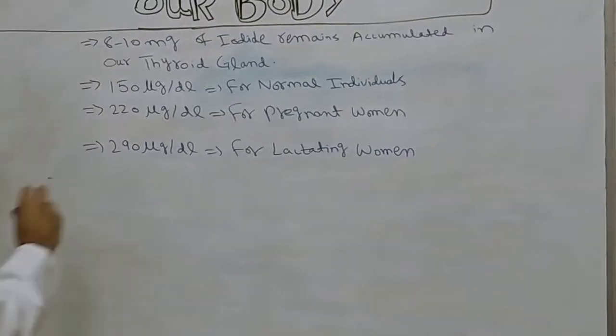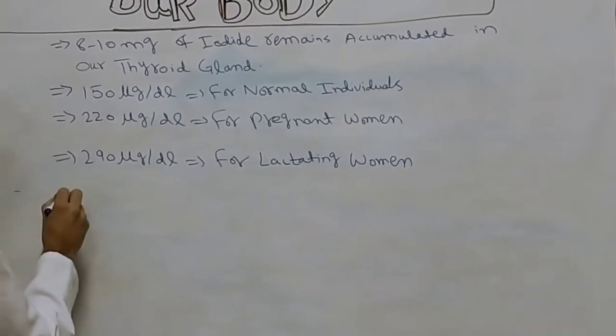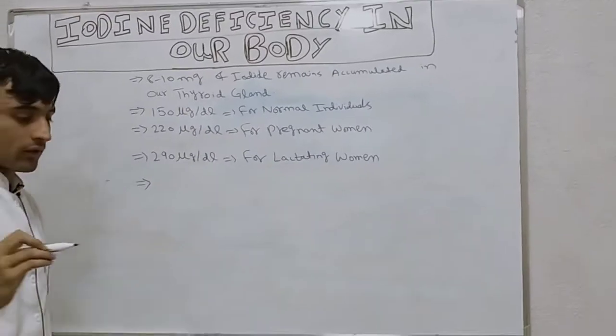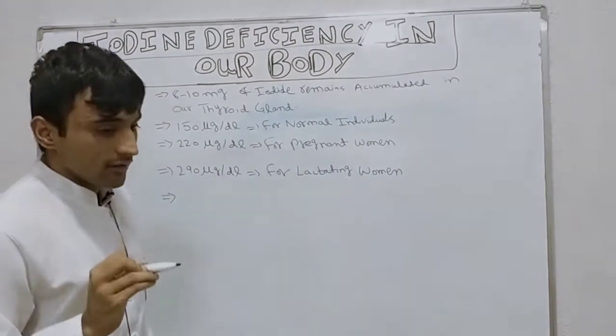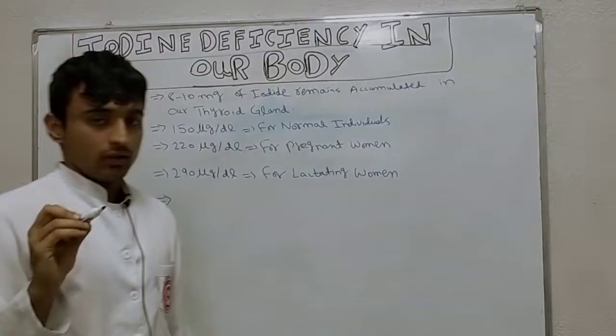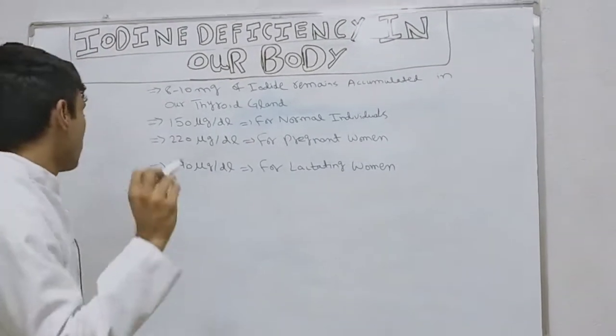Now, talking about how the T3 and T4 hormones are synthesized. These T3 and T4 hormones are synthesized under the influence of TSH released by the anterior pituitary.